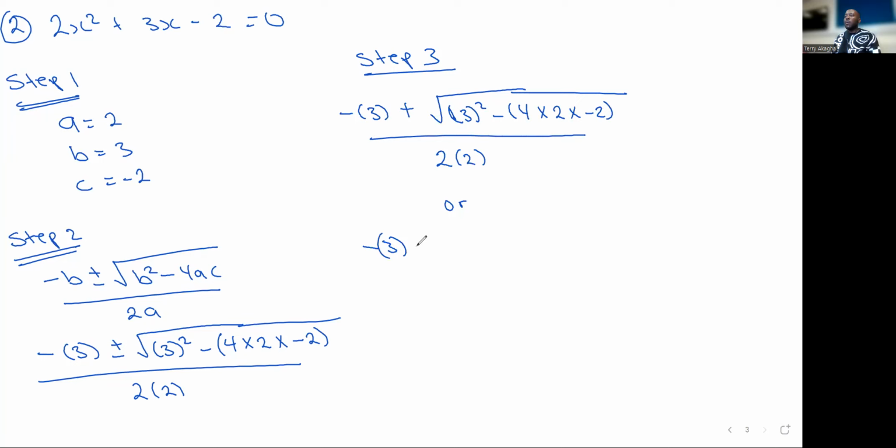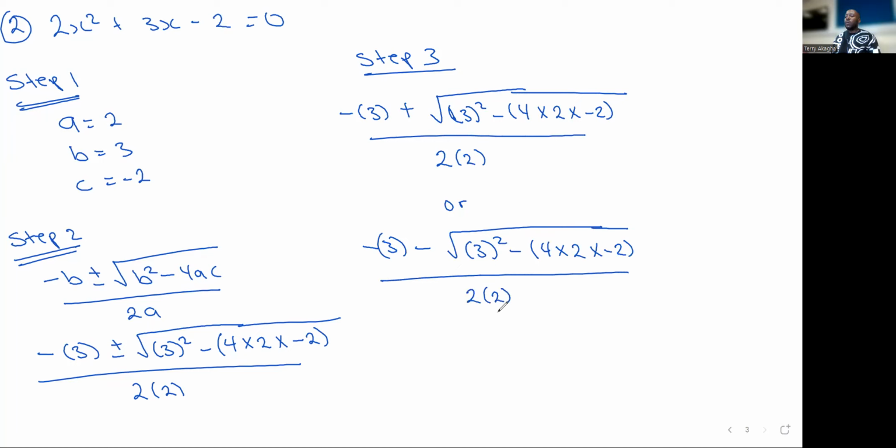Instead of having plus now, we're going to have minus square root of 3 squared minus 4 times 2 times minus 2 divided by 2 times 2, okay? And that will give you that. So when you press your calculator for the positive, the answer you should get should be 0.5. And when you press your calculator for the negative, the answer you should get should be minus 2. So that means for this now, x is equal to what?